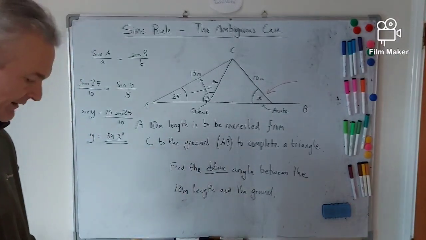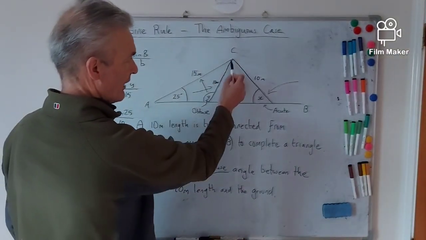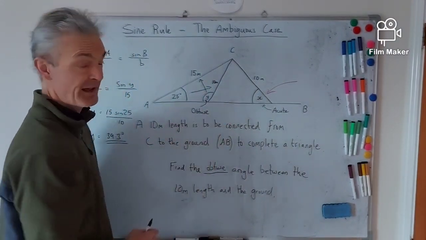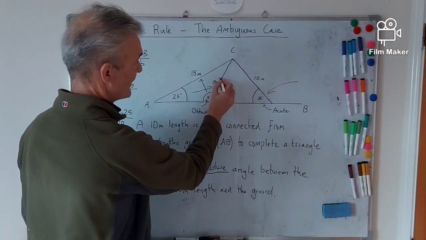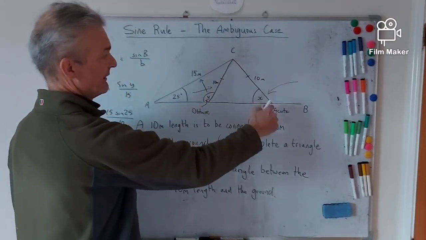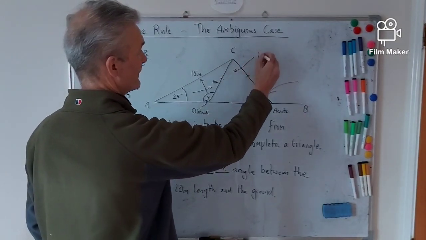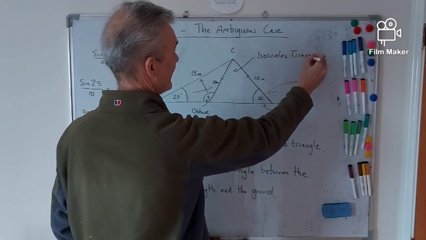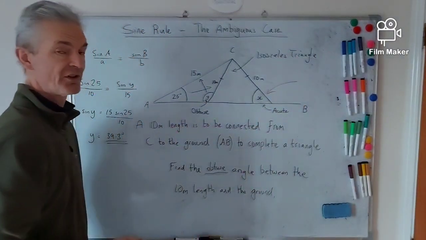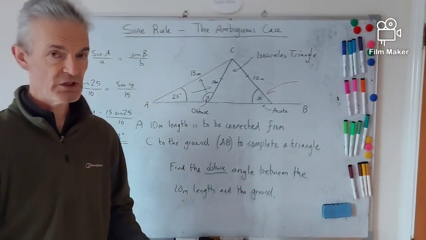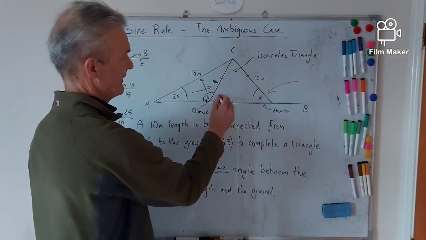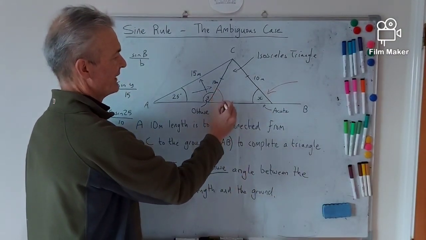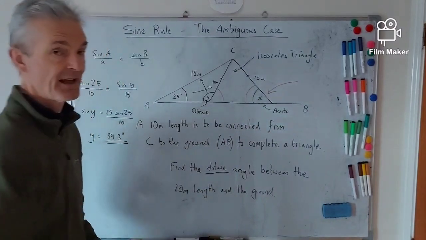You might notice that where I've put the 10 metres here and the 10 metres here, they're the same length, so this triangle is an isosceles triangle. One of the features of an isosceles triangle, apart from two sides being the same, is that the base angles are the same.